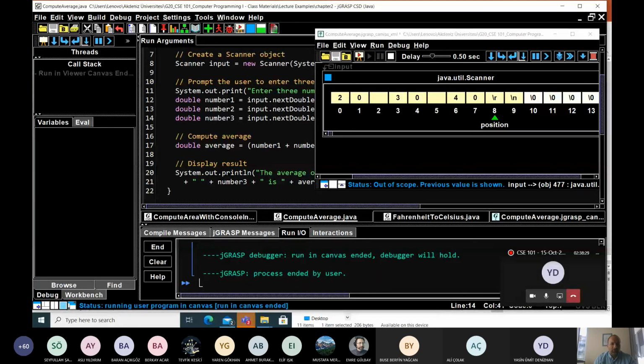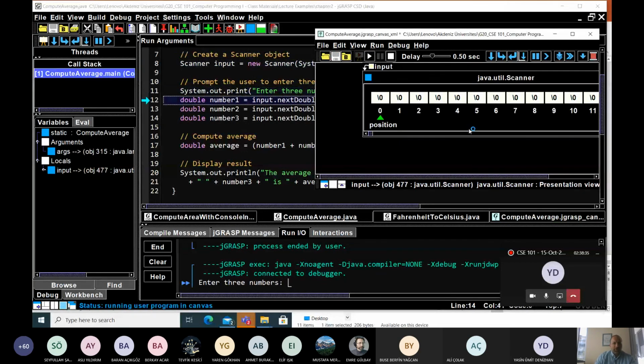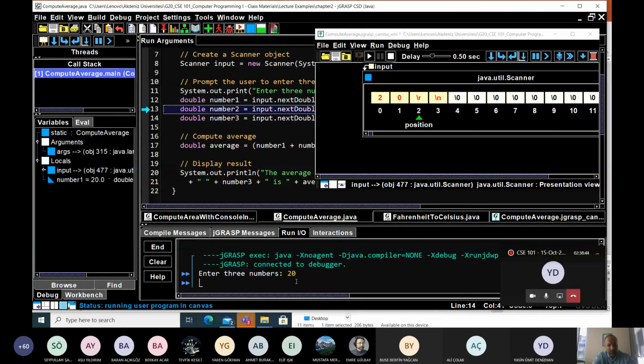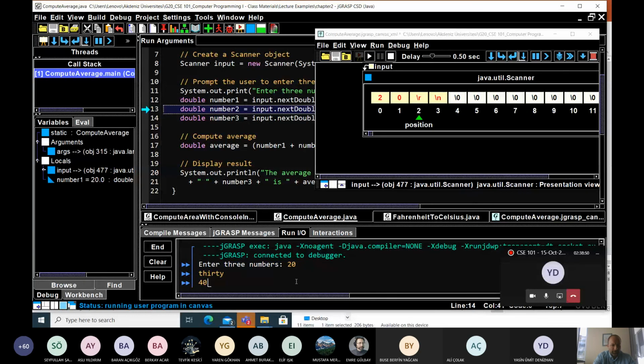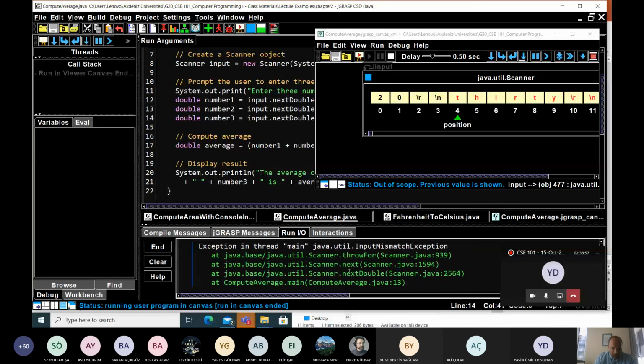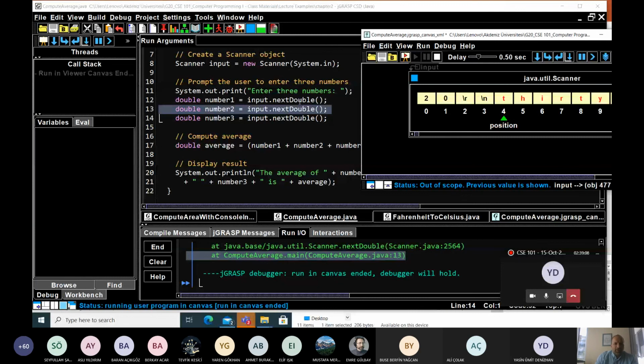Let me try one more for fun. So we're going to enter three numbers. 20. Enter. 30. Enter. 40. Enter. Now notice where my error happened. My error happened here. It read 20 and converted that into a 20 with no problem.